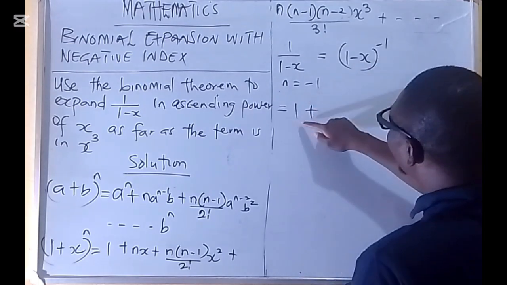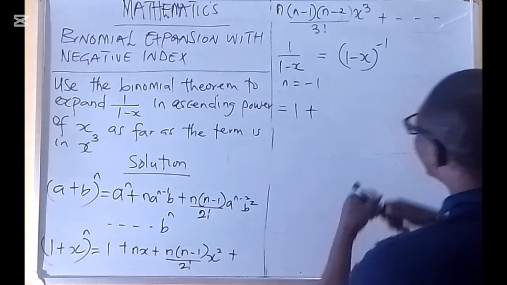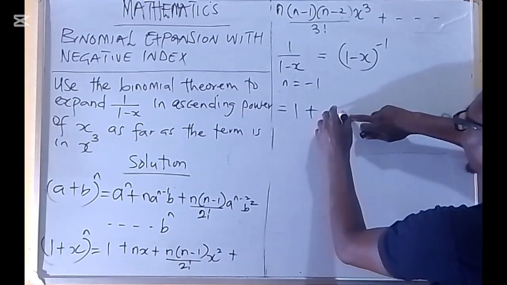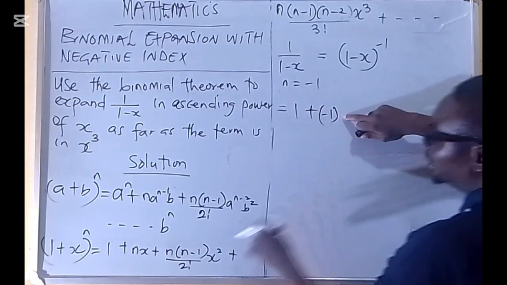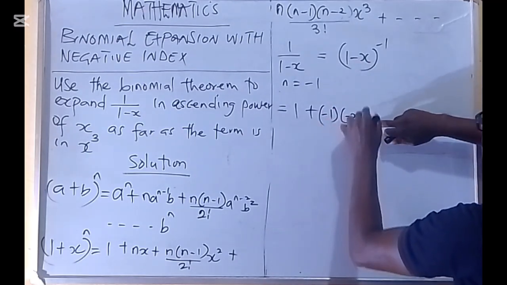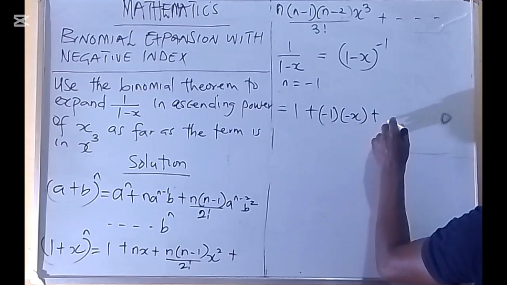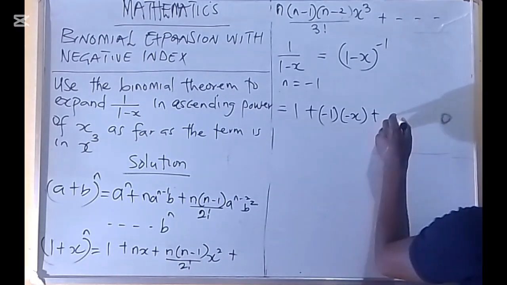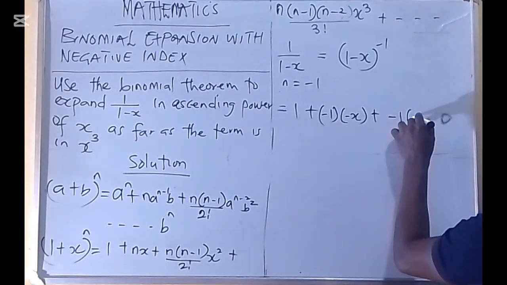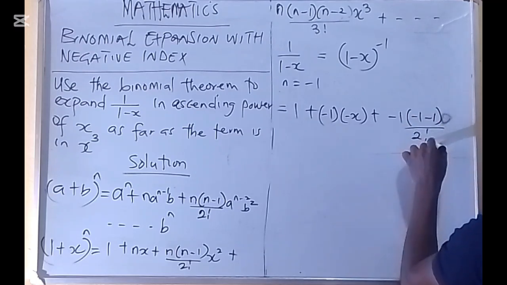So we now have 1 plus, since our n is minus 1, minus 1 into, what's our x? Our x is minus x, plus n is minus 1 into minus 1 minus 1 all over 2 factorial.